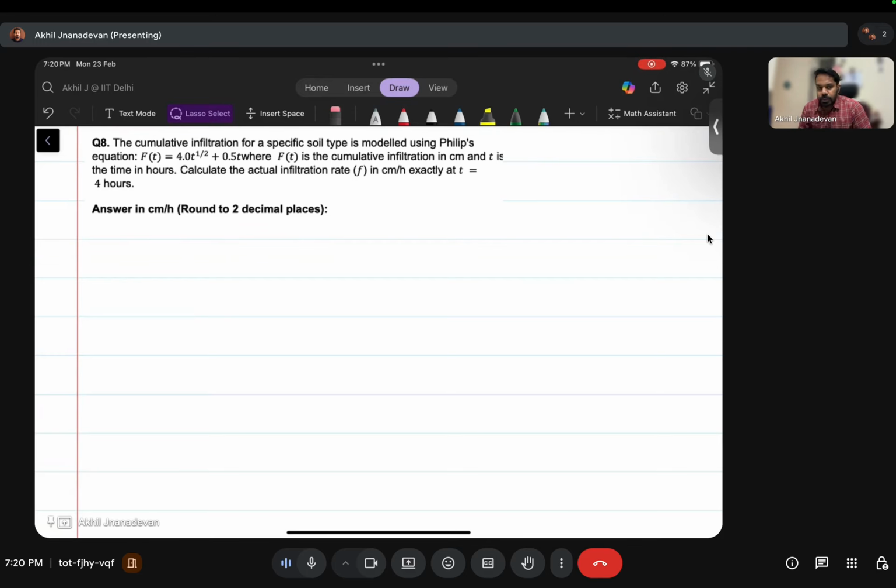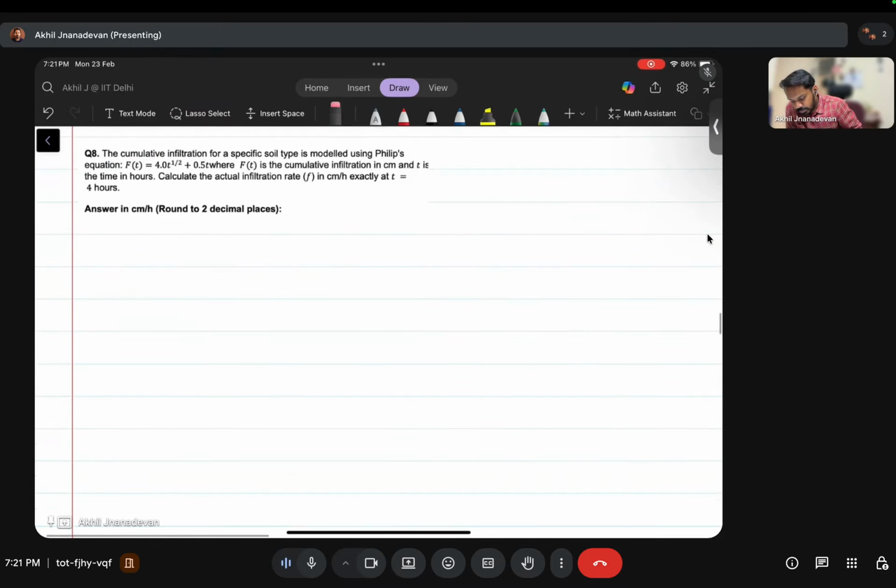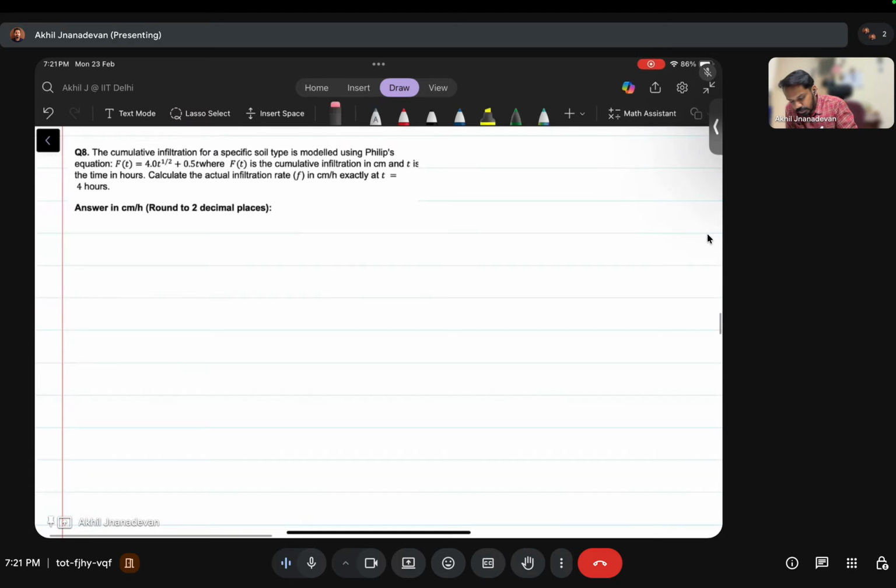Coming to the next question, related to the Phillips equation, which we just saw. The cumulative infiltration modeled using the Phillips equation is given by this. So previously we were seeing the rate equation; if we integrate that, we get this particular equation, which is already given to us.